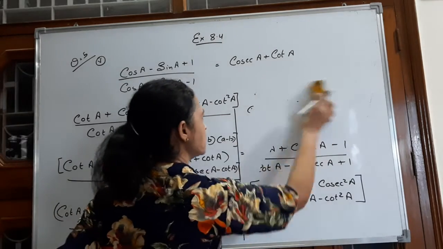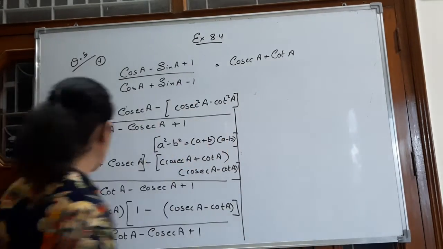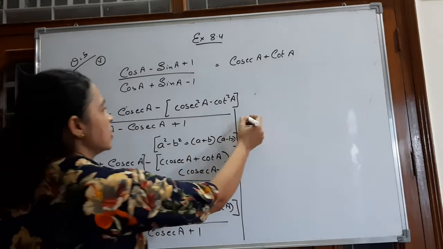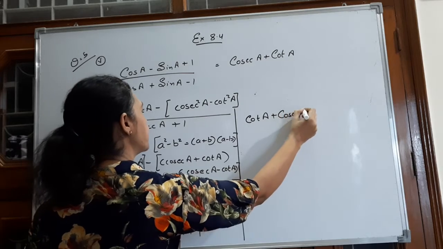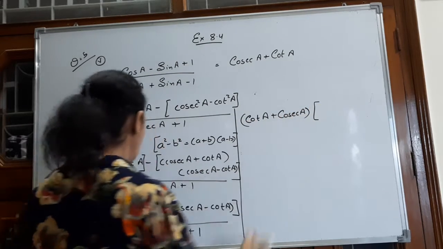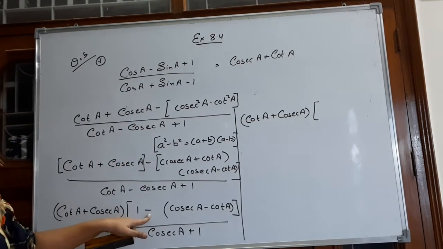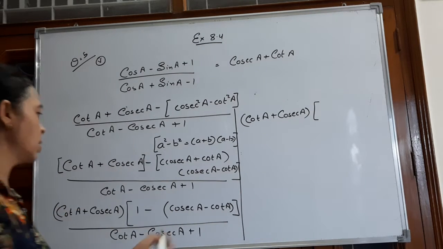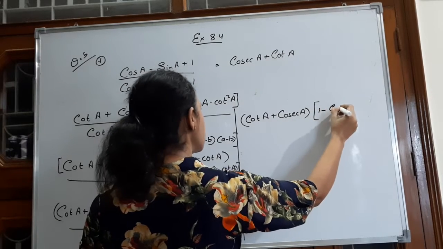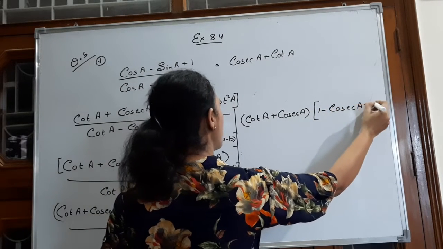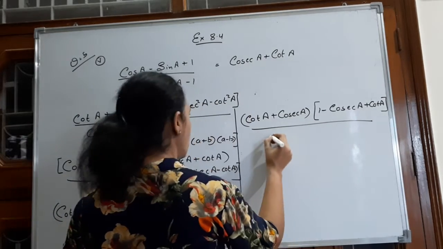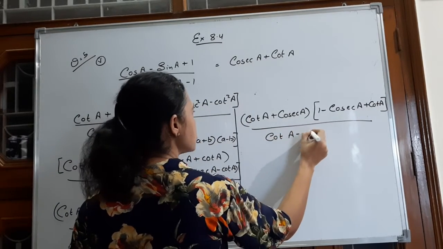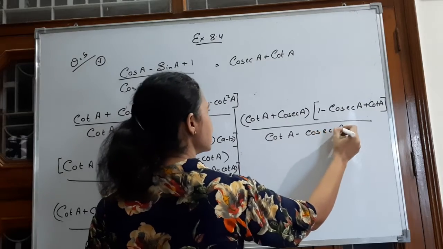Now this is cot A plus cosec A, 1 minus, we have a minus sign outside the bracket, so the signs inside the bracket will change. This will become 1 minus cosec A plus cot A, upon cot A minus cosec A plus 1.